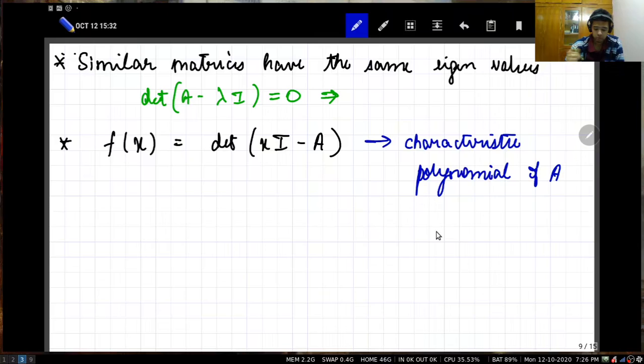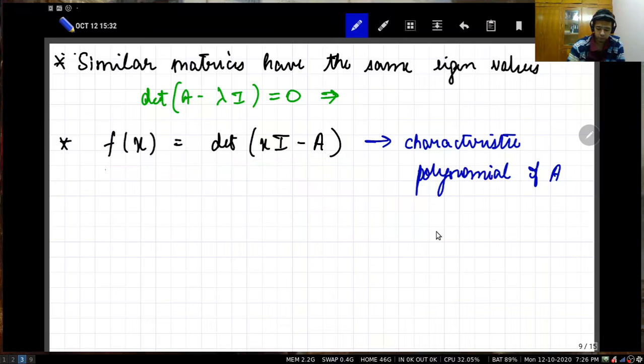So for any matrix A, we define the following quantity, the determinant of x times I minus A. So this is a function of x. We define this to be the characteristic polynomial of A. And the set of all eigenvalues will be the set of all x such that the determinant of xI minus A is equal to 0.